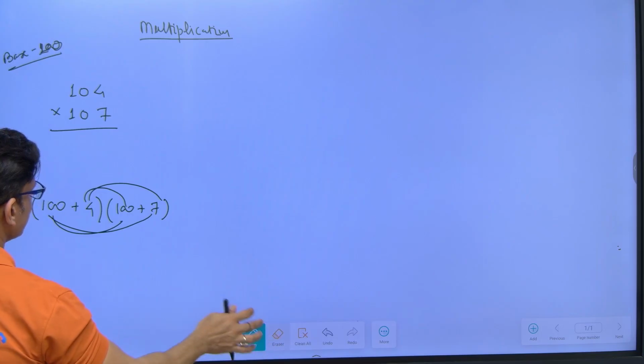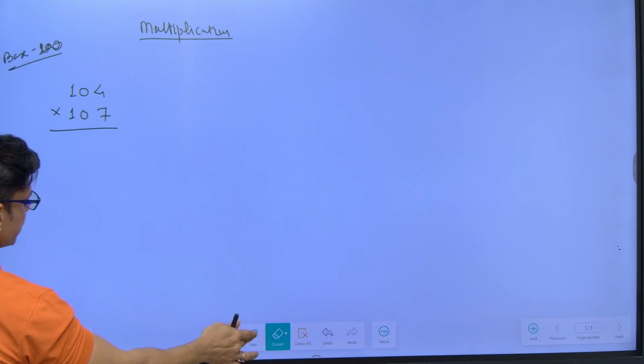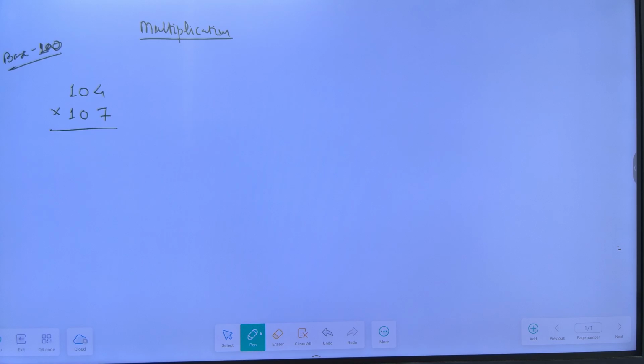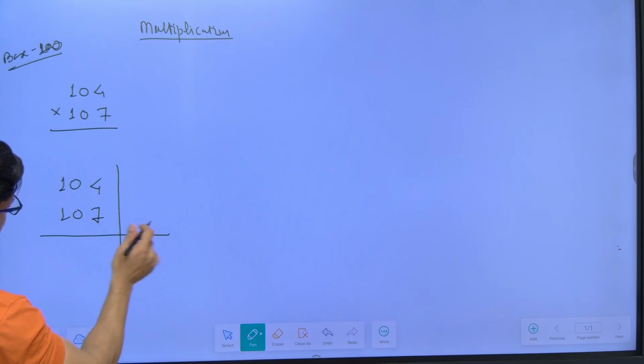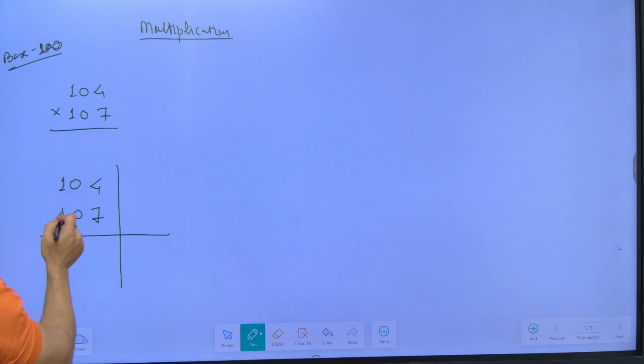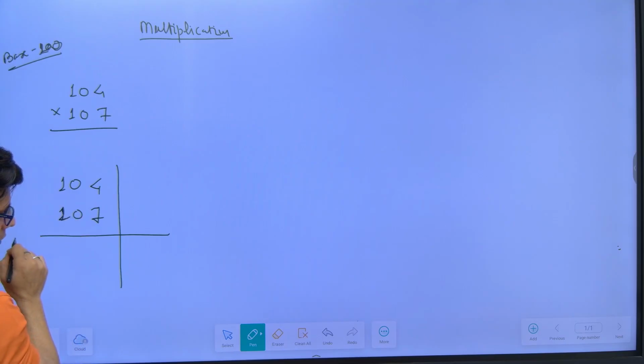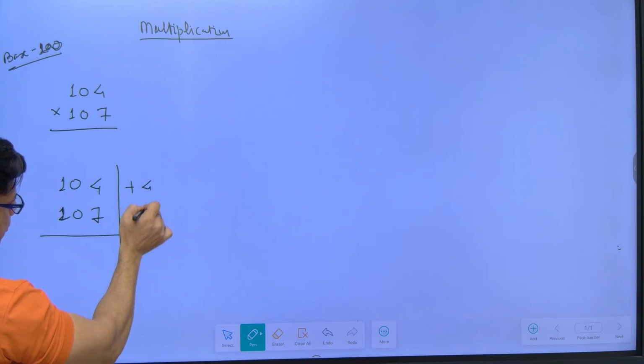Okay. I'll give you some other method which I don't know whether you have learned or not. School वाले सिखाते नहीं हैं. Write 104, write 107. Draw two lines. Tell me, this 104 is how much more than 100? So write plus 4.